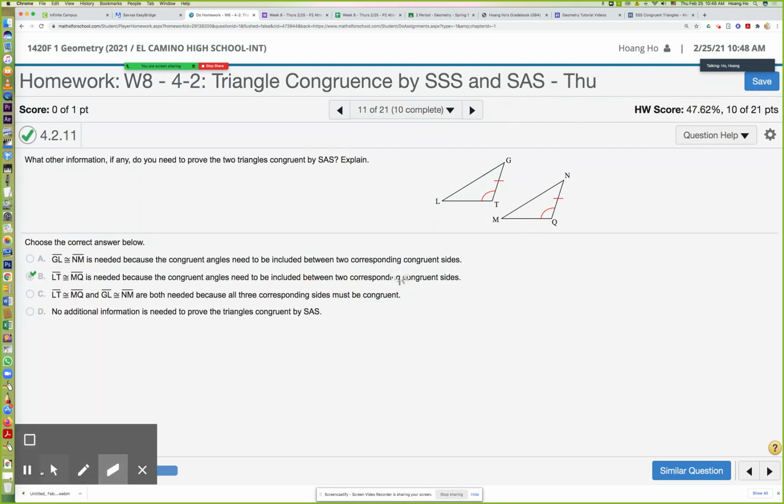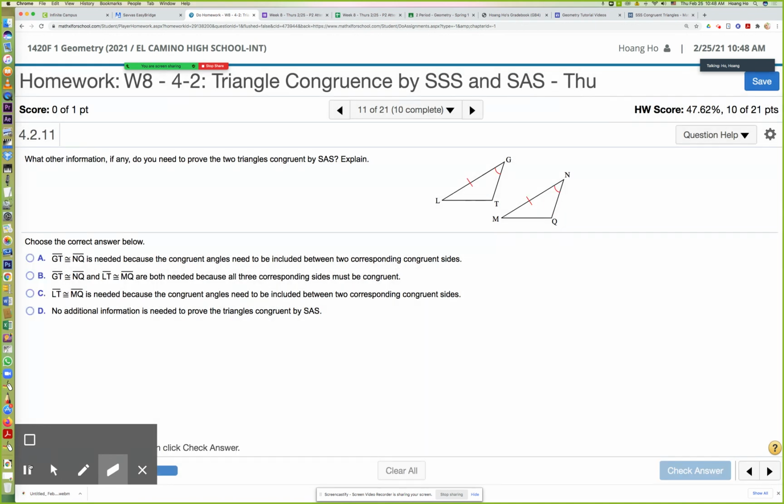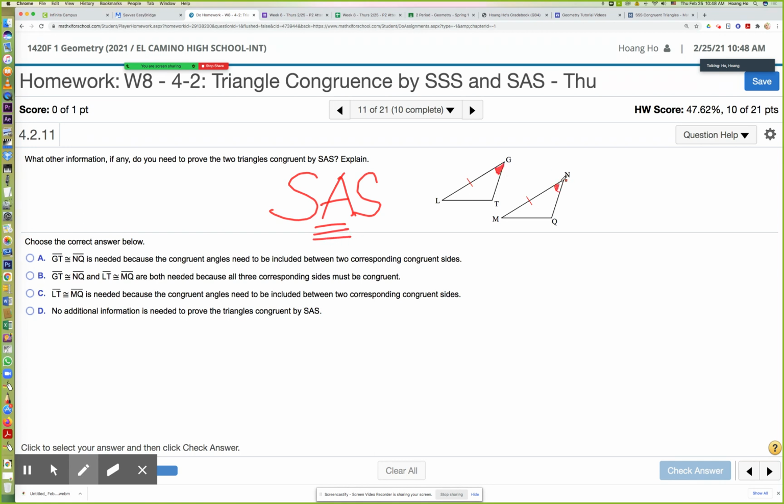Next question should be very similar. SAS again. Remember, let me make it big over here. SAS, the angle has to be included in the middle. So if the angle is included right here, the other two sides we need to prove congruent are TG and QN.